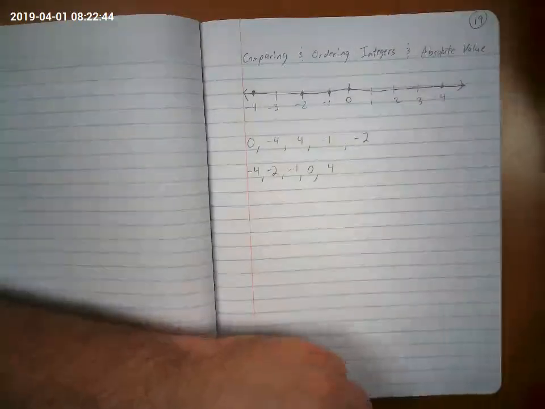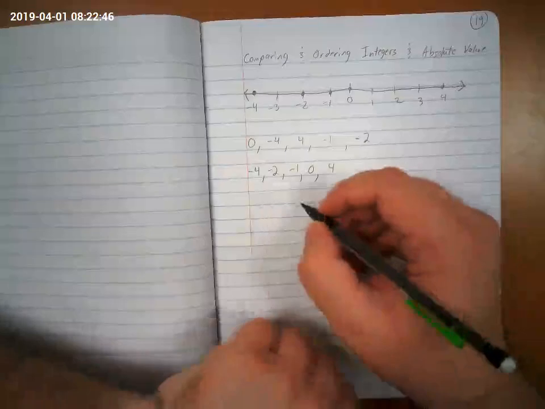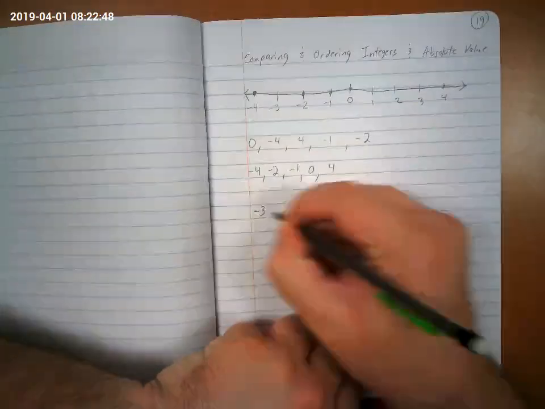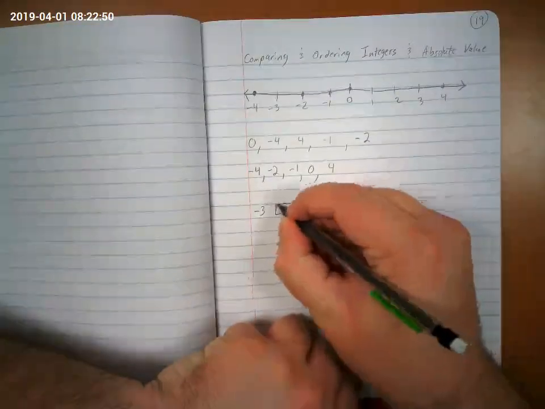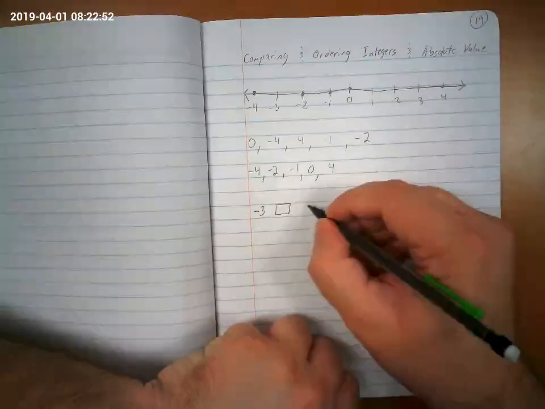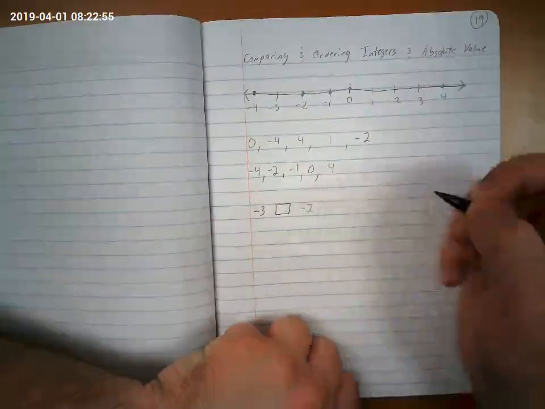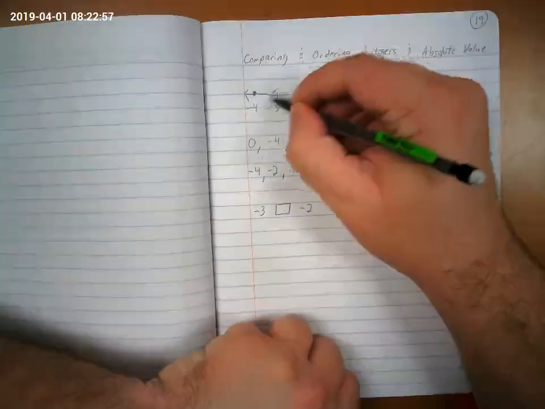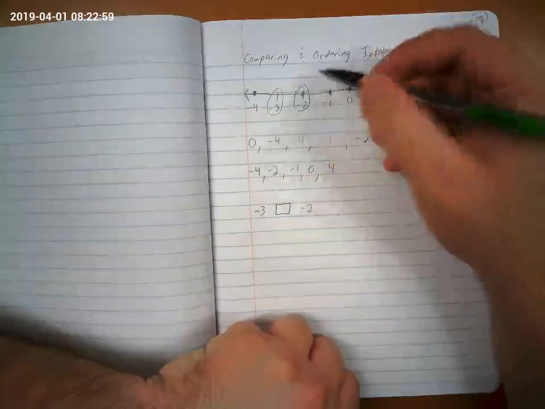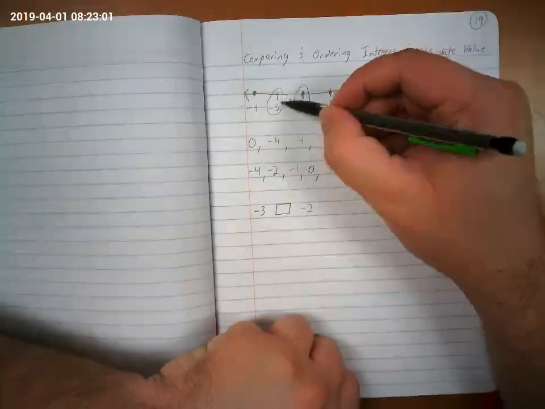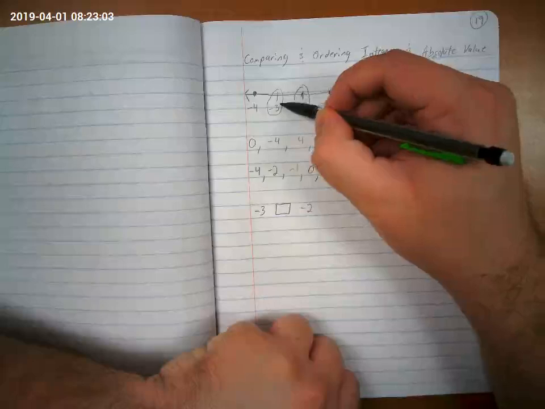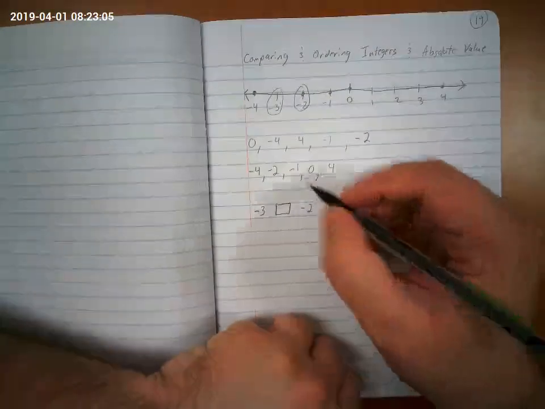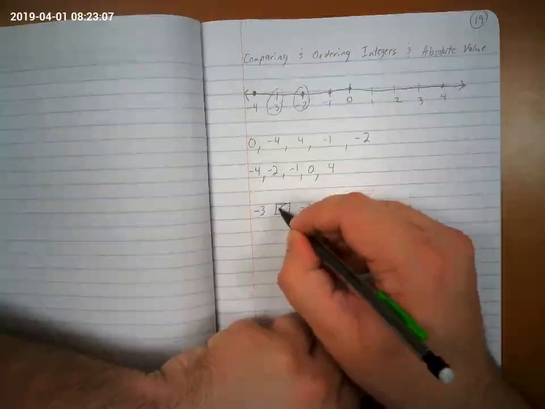When comparing them, you do them the same way. So let's say you were going to compare negative 3 and negative 2. Well, negative 3 is right here, negative 2 is right here. Which one is to the left? Negative 3 is to the left, so that one is the smaller number. So negative 3 is smaller than negative 2.